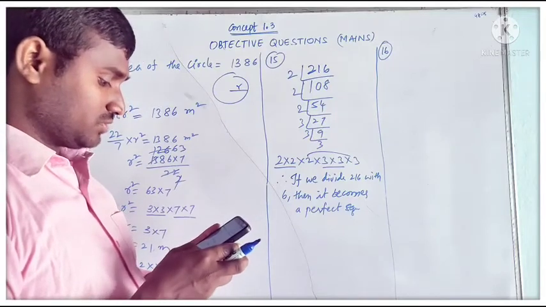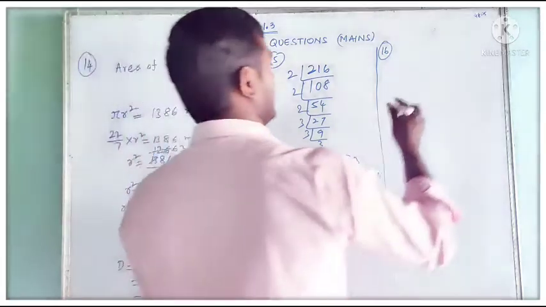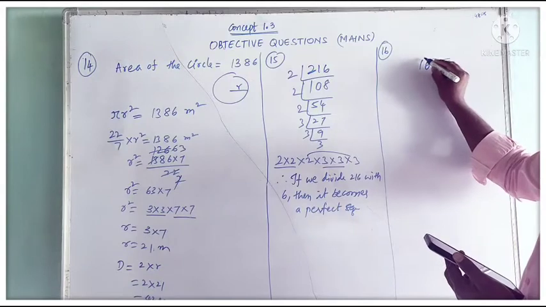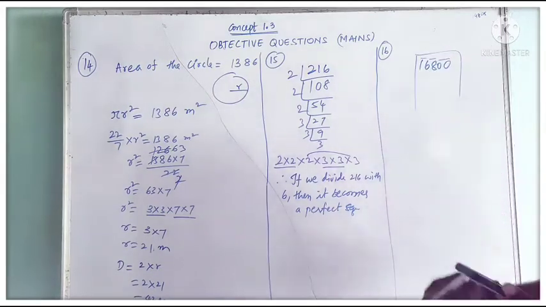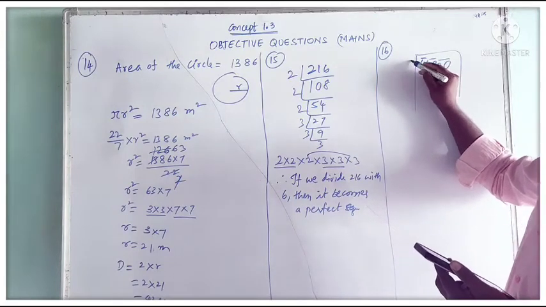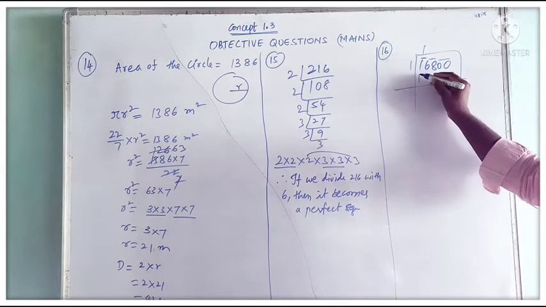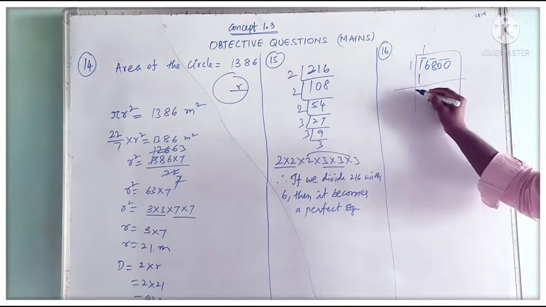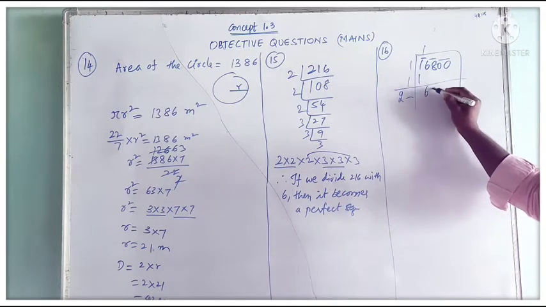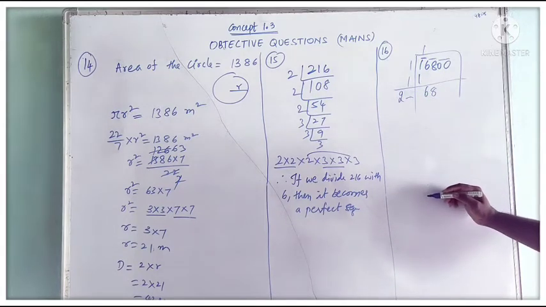Next question, question number 16. The least number to be subtracted from 16,800. In the subtraction case we should use long division. So now that is 16,800. Here the first group is 1, the nearest square is 1 itself, and adding this one here it becomes 2. Then draw down 68 and take 3 into 3 into 3, so 23 into 3 is 69.